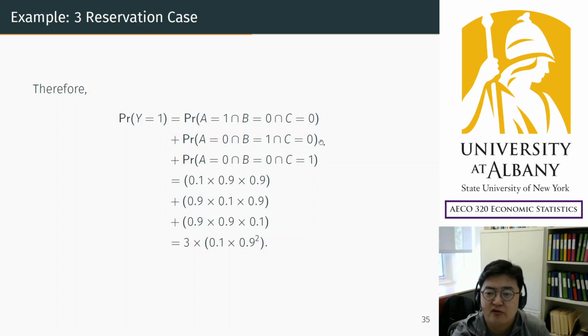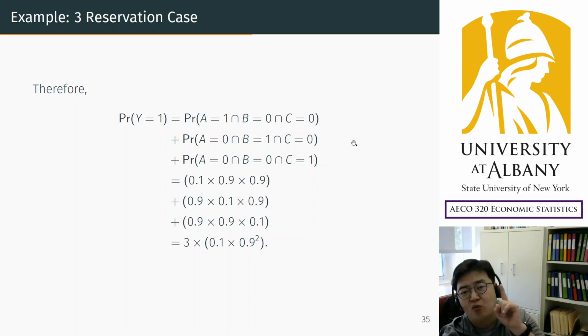Similarly, the second one can be calculated by multiplication: 0.9, 0.1, 0.9. And 0.9, 0.9, 0.1, you multiply them. So in the end, it is easy to see that these 3 different outcomes have the same probability, right?